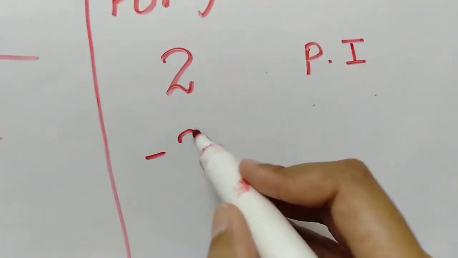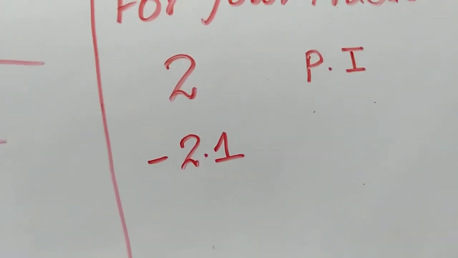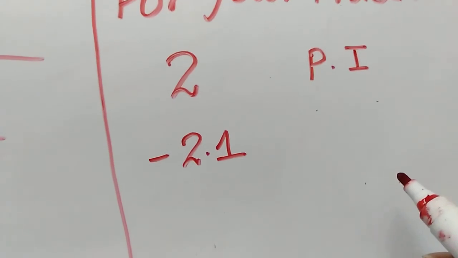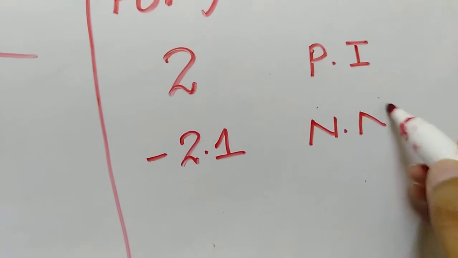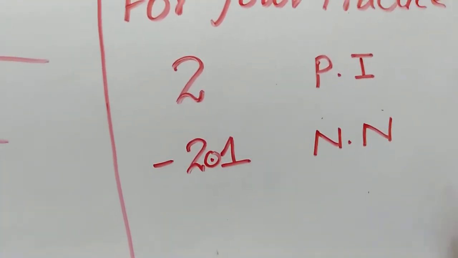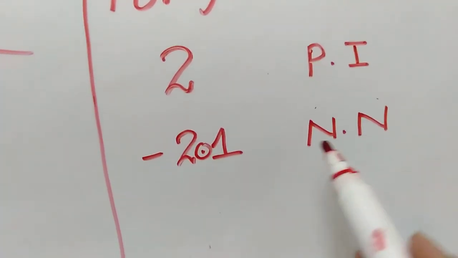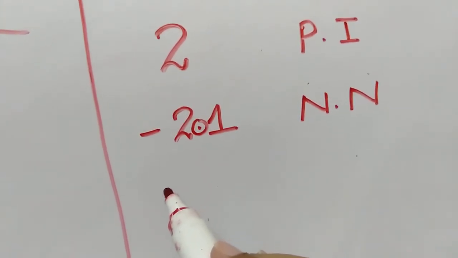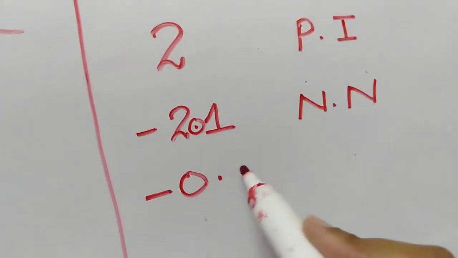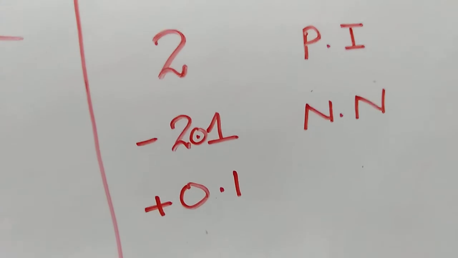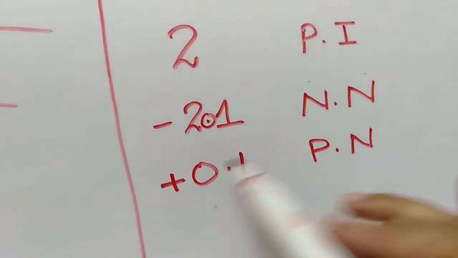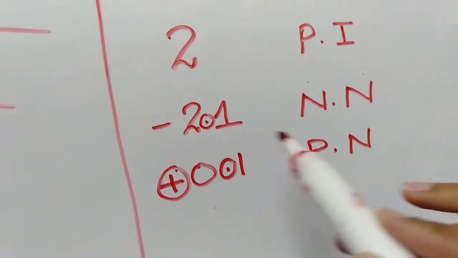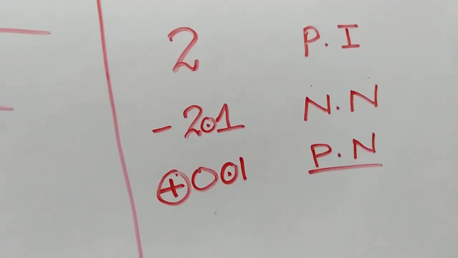Now can you guess this number? Yes, you're right. It's a negative number because it has a decimal point with it, so we will not name it a negative integer. Now what about this? Yes, it will be a positive number because it has a positive sign and it has a decimal.